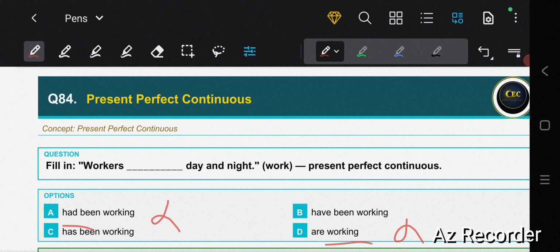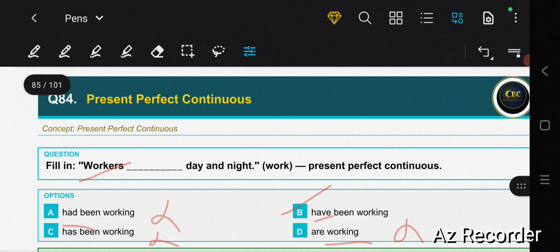But here have been working and has been working. Both are in the perfect continuous formation. But which one should be the correct option? We see here the subject is plural, and over here the verb is plural, have. So option B would be the correct one for the question.